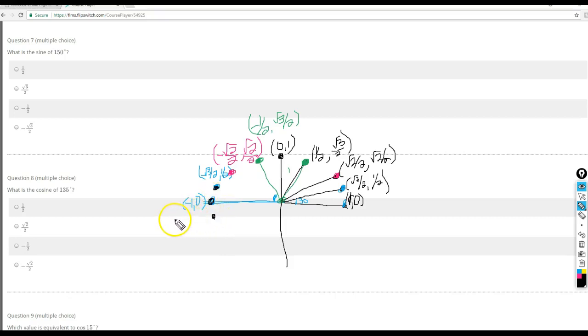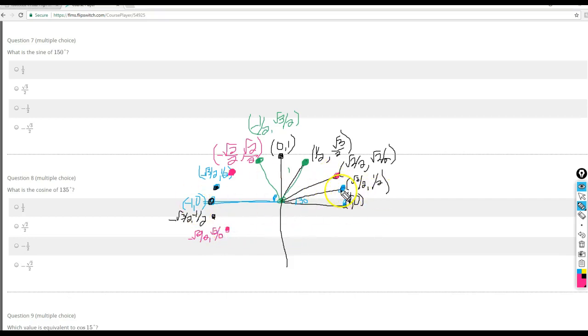That's 210. So at 210 degrees, it'd be negative square root of 3/2, negative 1/2. We would reflect this one, which was our reference angle of 45 degrees. And if we add 45 to 180, it would give us 225. And since we're now going to the left and down, both cosine and sine are negative, so it'd be negative square root of 2/2, negative square root of 2/2.